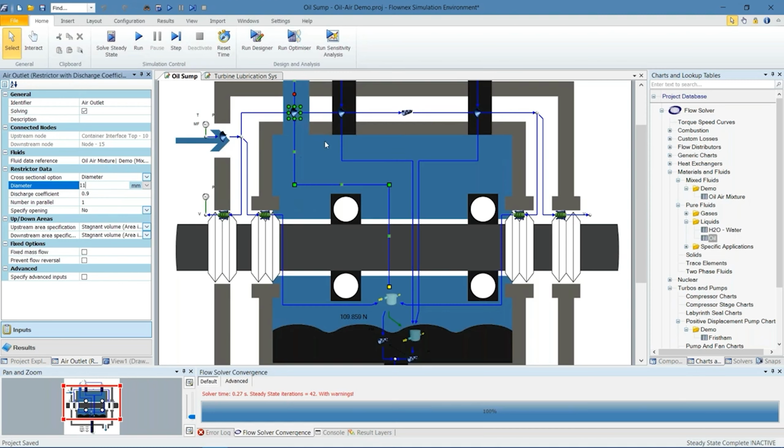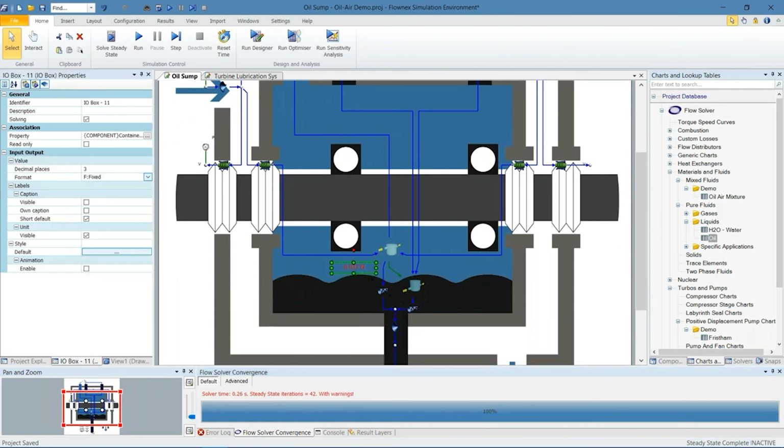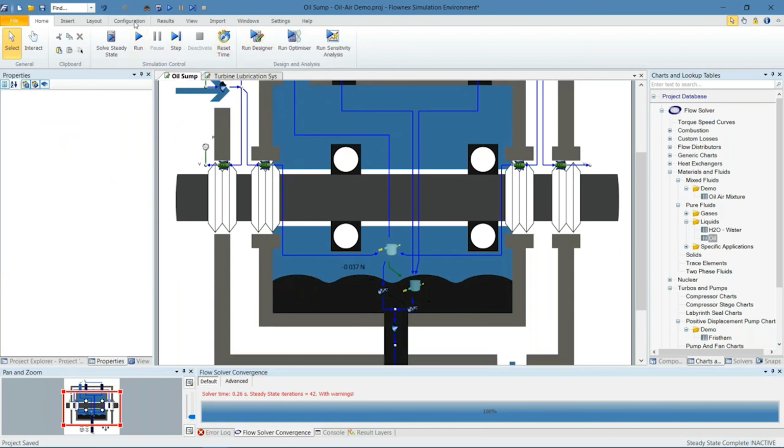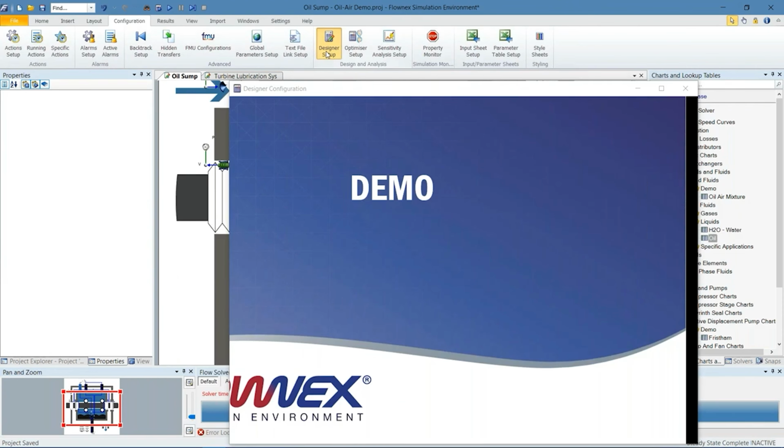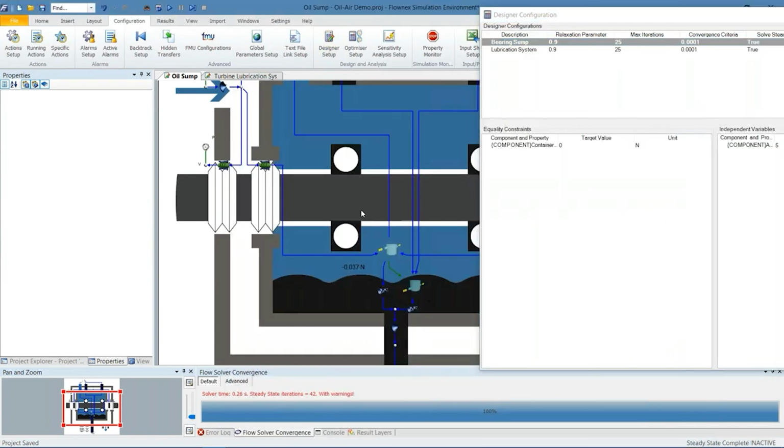And in terms of design, it should be easier to achieve a smaller hole here rather than changing the clearances on lab seals. So here, if we go ahead and change the size from say 15 to 11 millimeters, we can see our force imbalance is almost zero. If you want to get it all the way to zero, you can go ahead and use the designer inside of Flownex.